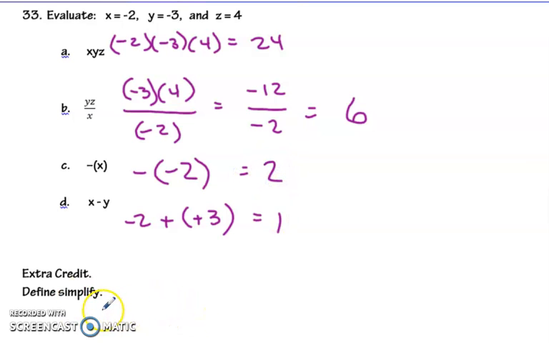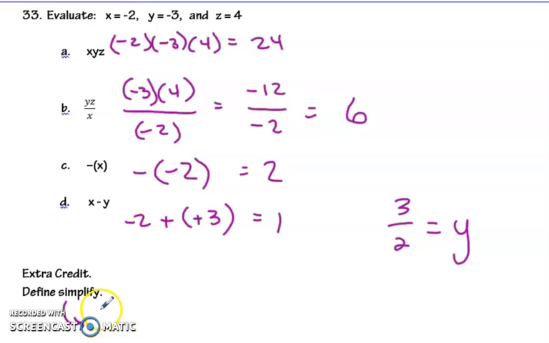Okay, and simplify means to convert your answer down to the simplest terms. So you guys would ask me, do I solve this? And I'd say, yeah, solve it. Okay, because in an expression like these, you don't really solve it. When it's got an equal sign, like 3/2 equals y, that's when you solve it. An expression, they ask you to simplify it. And I just wanted to remind you what that means.